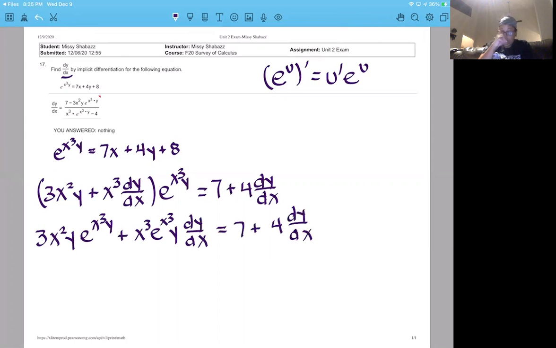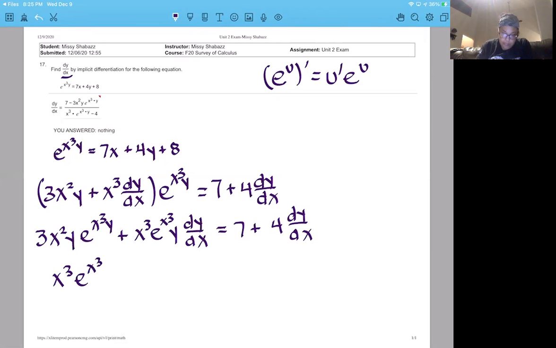Now everything with a dy/dx, I'm going to put on the left side. Everything without a dy/dx, I'm going to put on the right side. So I have an x cubed e to the x cubed y.